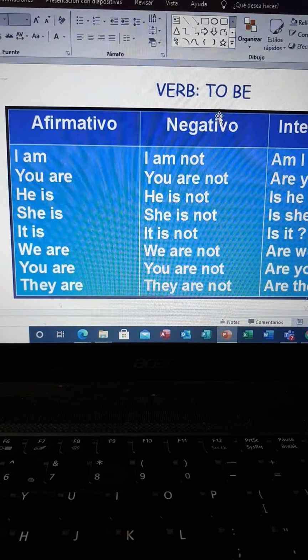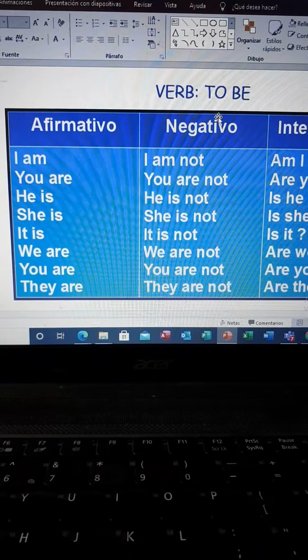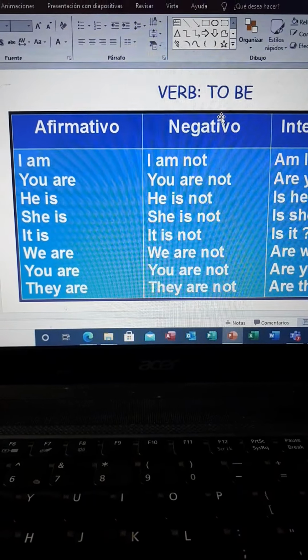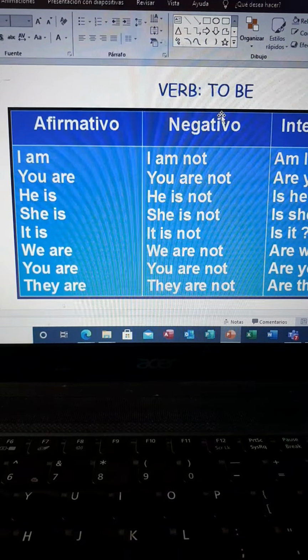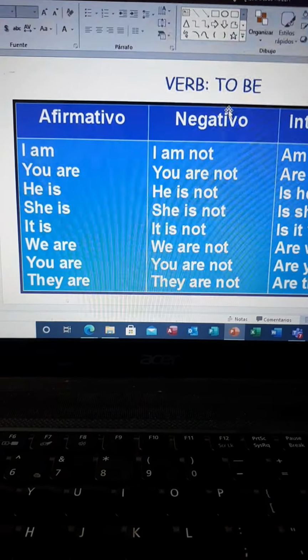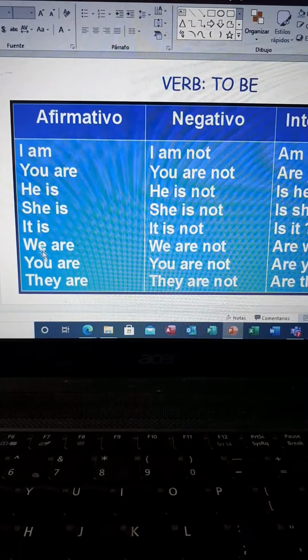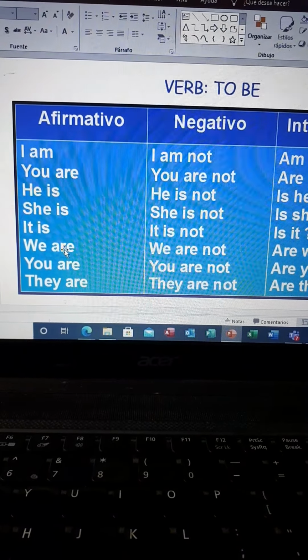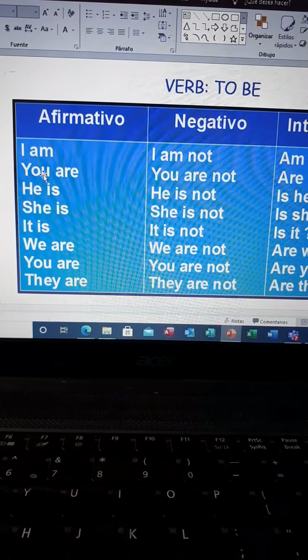So it's very important that you remember the different forms to use the verb to be, okay? Depending on the name, okay? So for the plural form, you, we, and you and they, we're going to use are, okay?